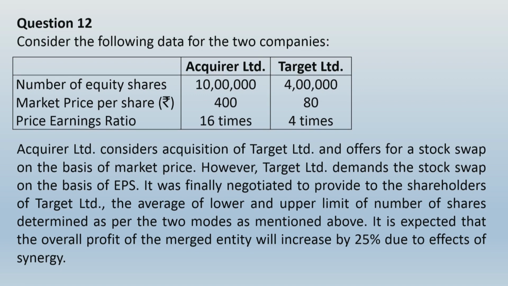It was finally negotiated to provide to the shareholders of Target Limited the average of lower and upper limit of number of shares determined as per the two modes mentioned above. It is expected that the overall profit of the merged entity will increase by 25% due to effects of synergy.